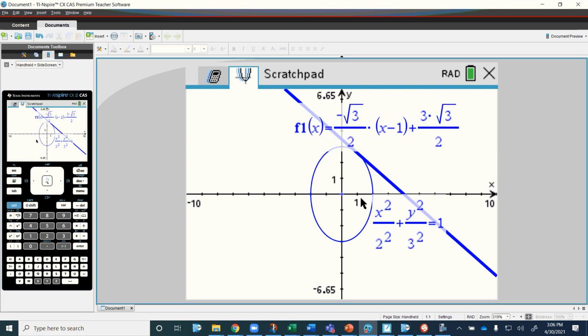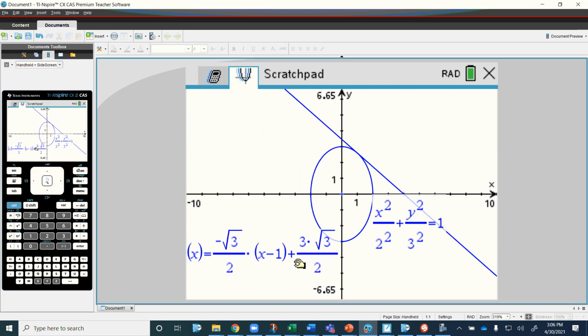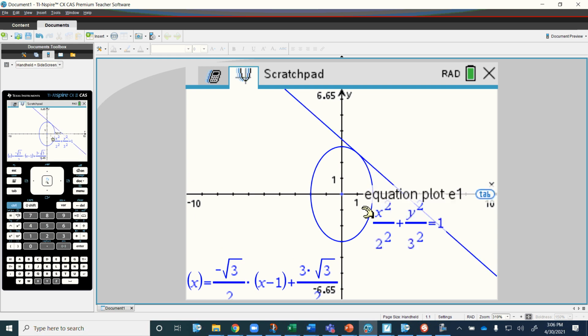And there we go. That sure looks tangent to me when x is 1 and y is equal to, what was it, radical 3 over 2, or 3 radical 3 over 2. So, all right. It looks like we're doing everything okay so far.